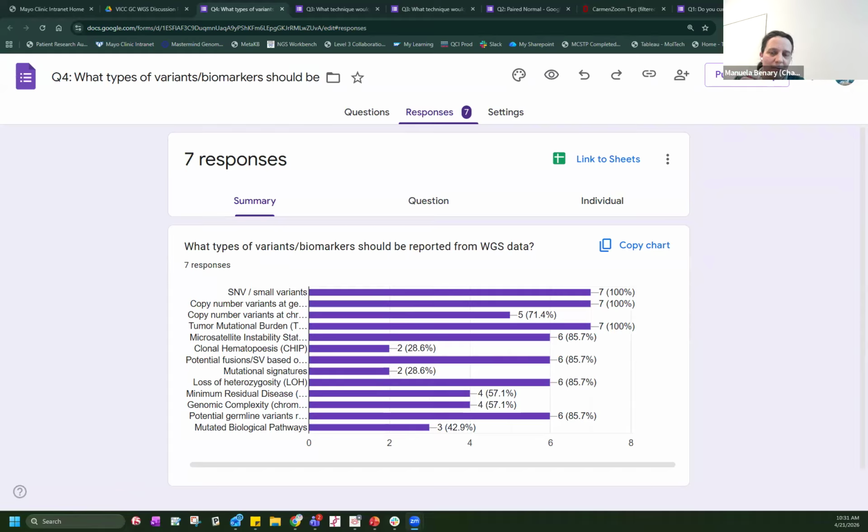What I do find interesting in the list Beth put up here is mutated biological pathways, because often variants are discussed one by one, maybe in connection to two or three others, whether there's any resistance mechanism. But with whole genome sequencing, we don't only have a focused view on the most relevant genes, but we do have, hopefully at some point, an overview of really pathway changes.